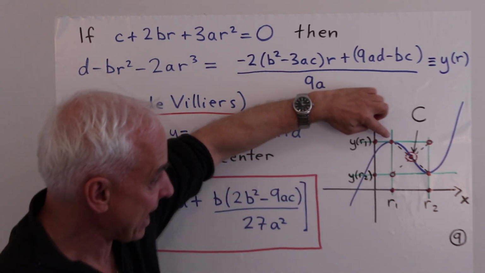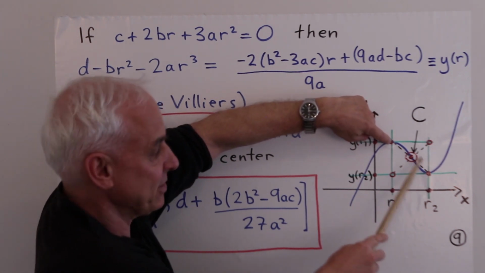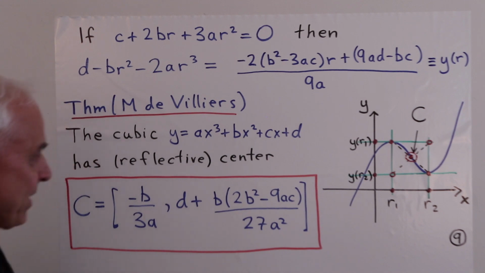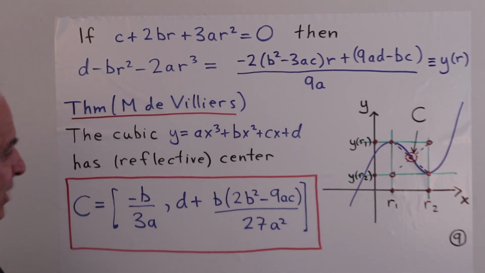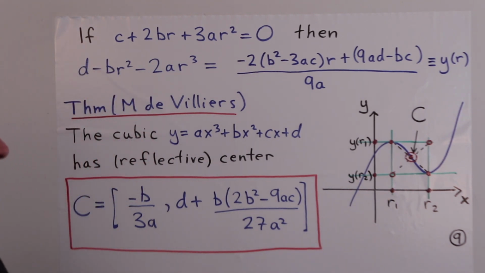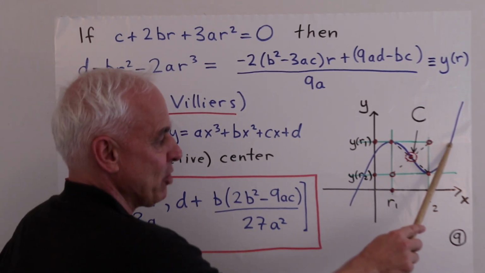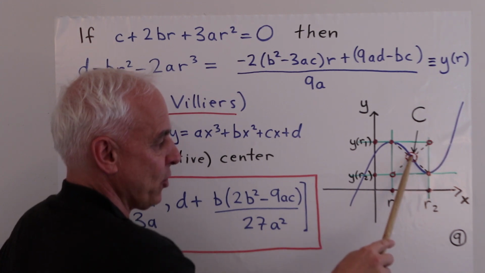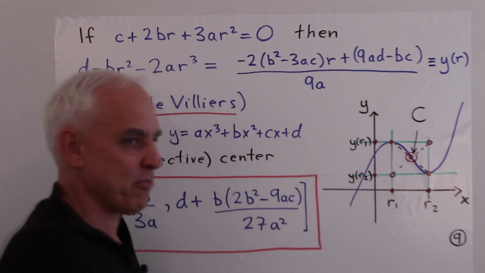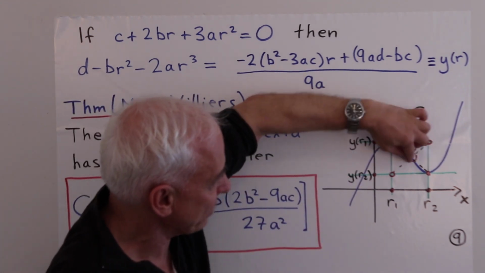And it turns out to be exactly the midpoint between these 2 points here that we've just found. It's the midpoint between the 2 vertices. And in the word problems, I'll lead you through finding this thing and verifying that it actually is a center in the following sense. That if you have any point on the cubic and you look at that vector there and go an equal vector in that direction, you'll find another point on the cubic. So there's an affine symmetry. It's an affine symmetry about that point there.